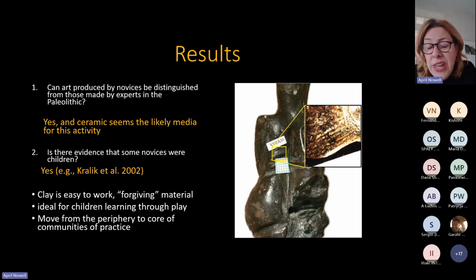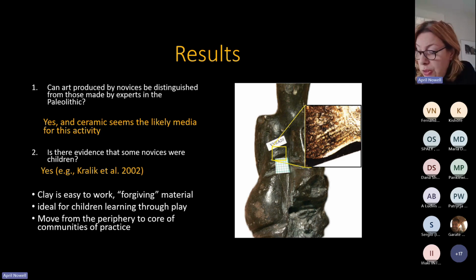And so then, building on that, our follow-up question is, is there evidence that some novices were children? And the answer to this question, we also think, is yes. We're actually quite lucky that some of the ceramics preserve fingerprints of the people who made them. And some of our Czech colleagues have previously analyzed these fingerprints and published evidence showing that some of the fingerprints on the ceramics belong to subadults, to children and adolescents.